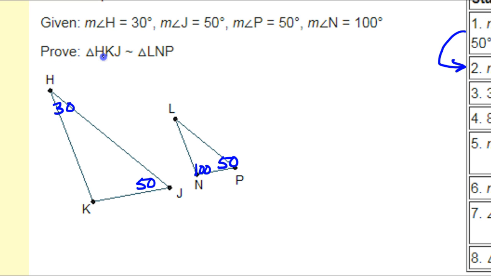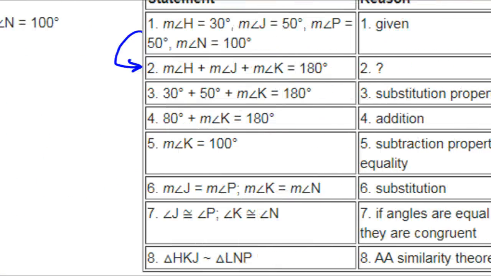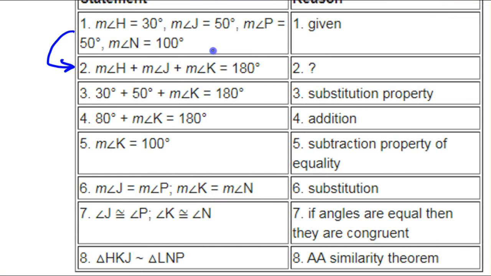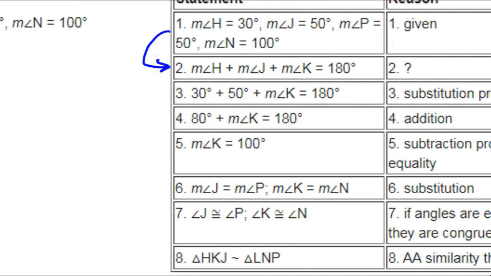They're attempting to prove that these two triangles are similar to each other, which would mean that all of the angles are congruent. But we don't need to worry about that right now. We just need to worry about how they got step 2. H plus J plus K is equal to 180.